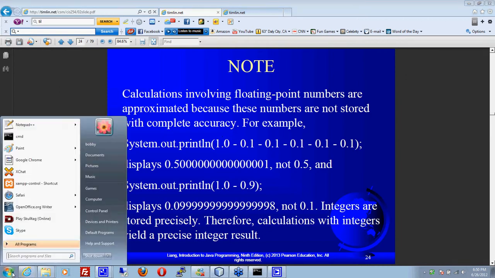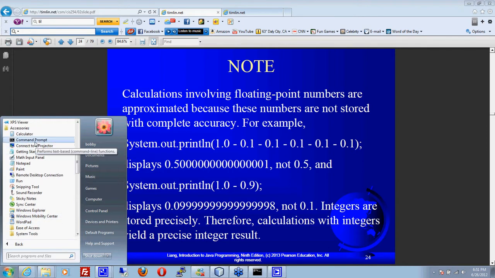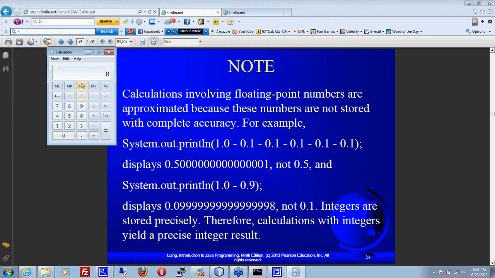We can calculate it. I think I've got a calculator. So we said 60 times 60 times 24. 86,000. That's a day. Times 365.25.